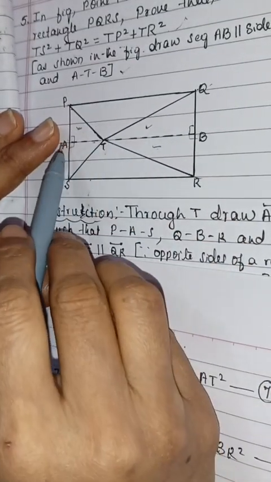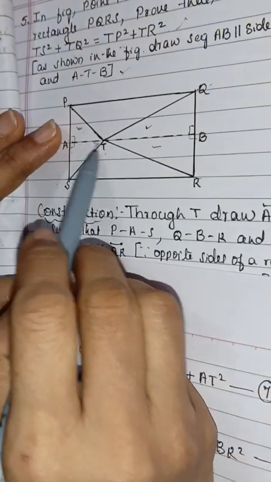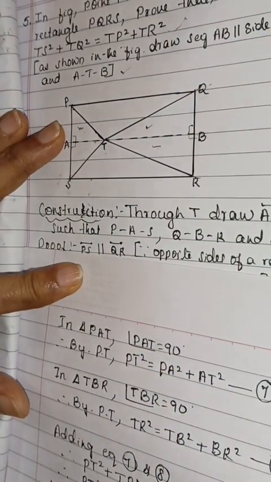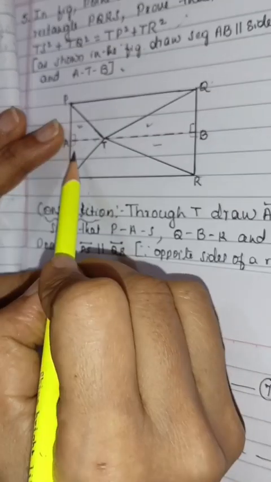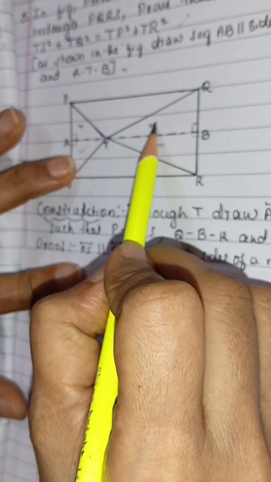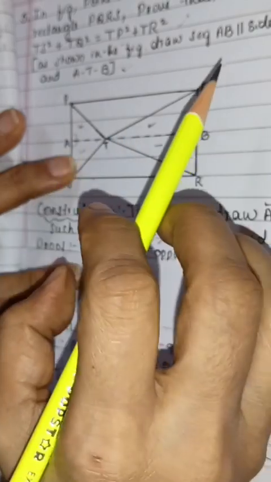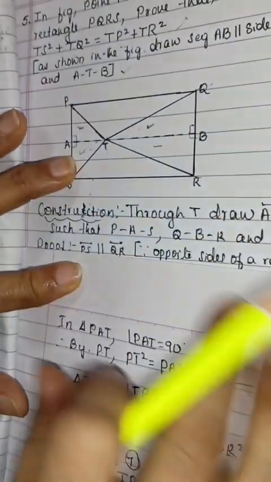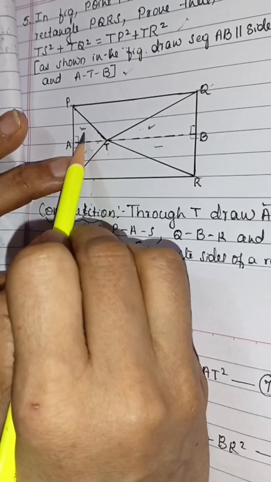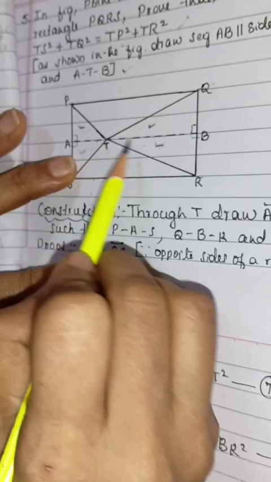You have to show that this side is equal to this side, and this is a construction, so this side is equal to this side. Then you take this triangle and this triangle, use Pythagoras theorem, add these two, keep it aside, give equation number. Then take this triangle, use Pythagoras theorem, and add.